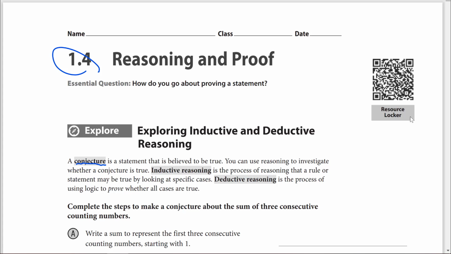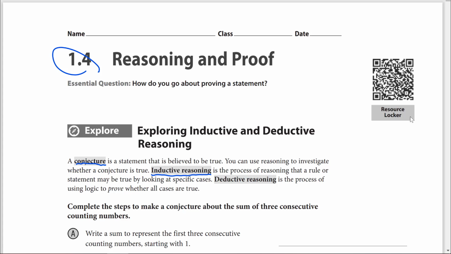All right, now there are two ways we can prove whether our conjecture is true. We have inductive reasoning. Let me back up and give that a little easier definition.